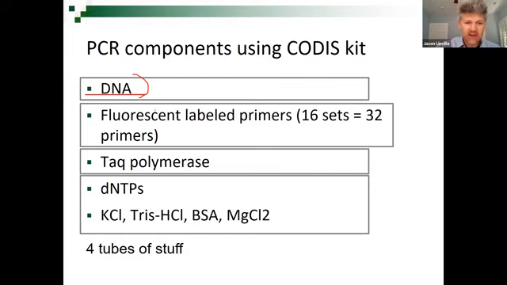But what comes in the kit is a tube of primers, okay? And they have balanced these 16 sets of primers, 32 primers. They have them in the correct concentrations. They're not all the same concentrations, okay, so that every locus is going to be able to compete and all of the amplification is going to occur across all of those loci.